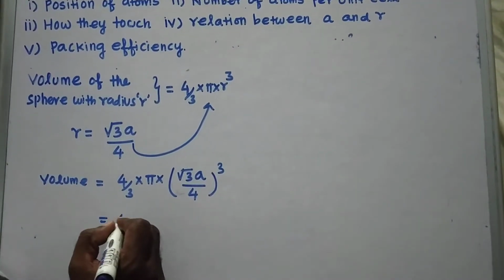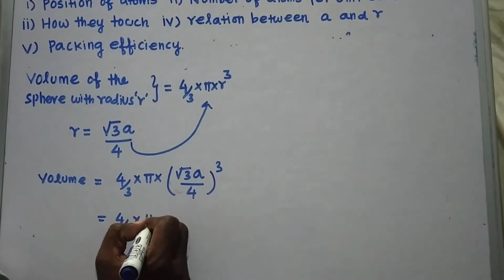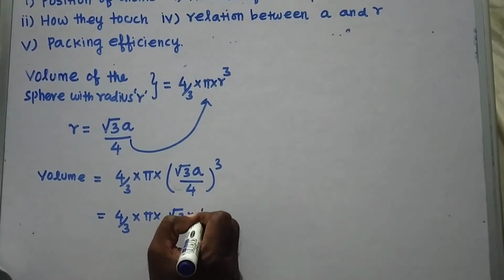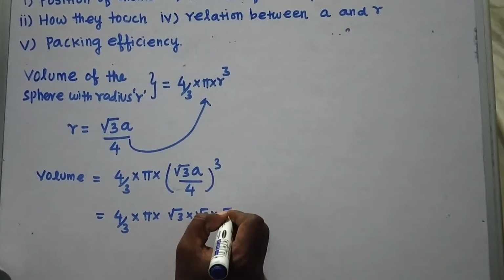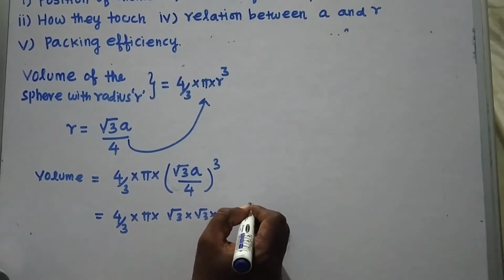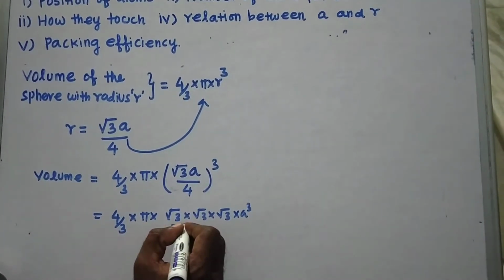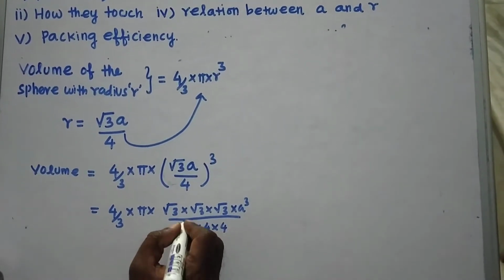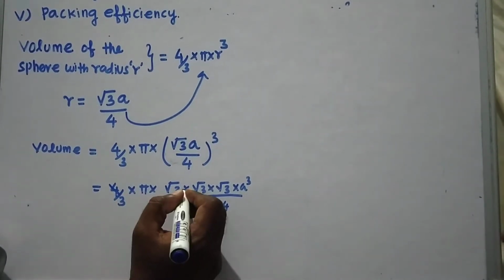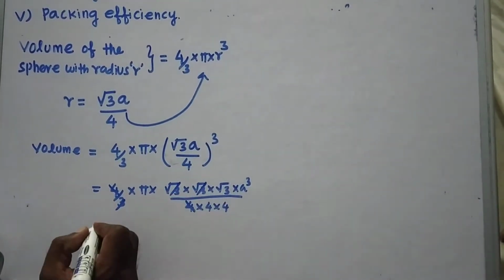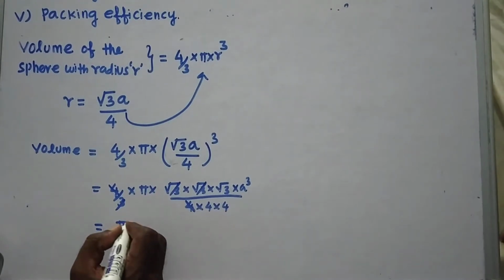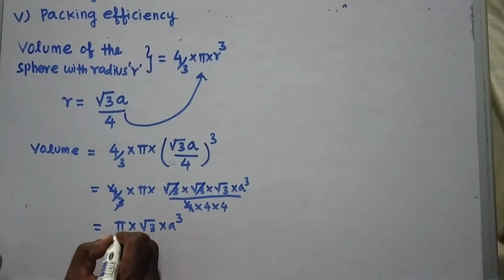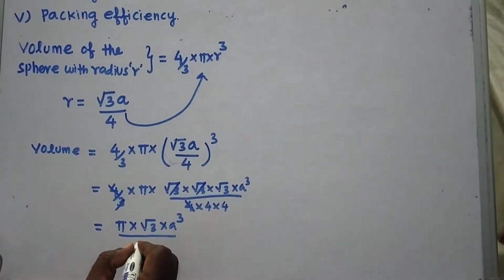Then it's equal to 4 by 3 pi into root 3 into root 3, root 3 into root 3 into root 3, then into a cube, divided by 4 into 4. Then 4 cancel each other. Then 3 cancel these two. Therefore, what's the result? Pi into root 3 into a cube divided by 4 into 4 equal to 16.